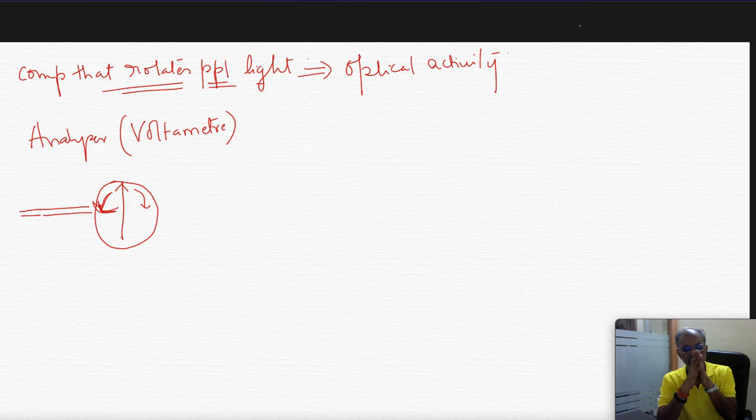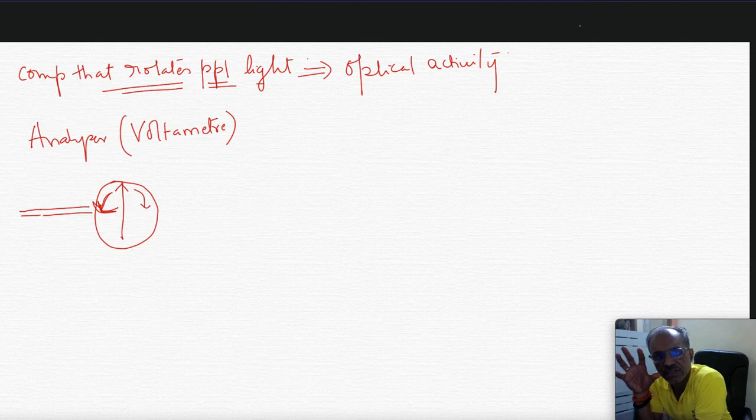Compounds which rotate the plane polarized light are said to have optical activity, and the compounds are known as optical isomers, and the phenomenon is known as optical isomerism. Right? The property of rotating the plane polarized light is known as optical activity, and optical activity gives rise to optical isomers. And this whole phenomenon is known as optical isomerism.